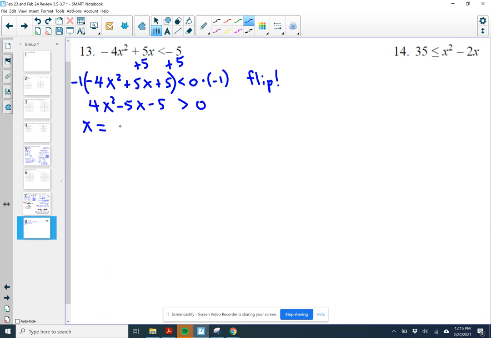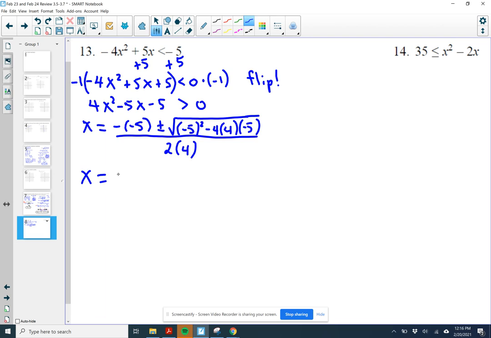We're going to do x equals the opposite of -5 plus or minus the square root of -5 squared minus 4 times 4 times -5 all over, remember negative of b, plus or minus square root of b squared minus 4 times a times c all over 2a.